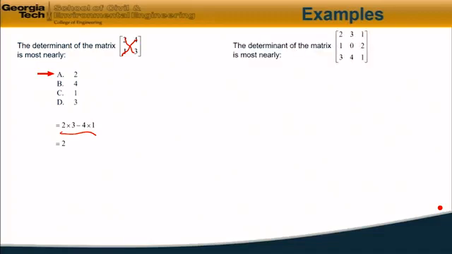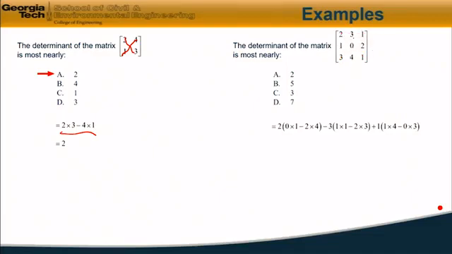But a 3 by 3 matrix is a little bit more complicated, and we're given this determinant. The determinant of the matrix is most nearly which of these 4 answers? So again, I follow the rule which I just gave you. Starting off with the number 2, I cross out the column and the row, and that is equal to 2 times 0 times 1 minus 2 times 4.